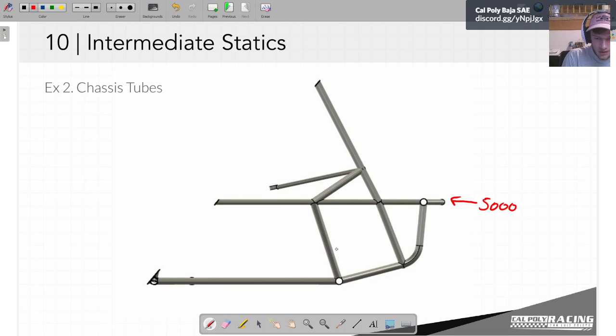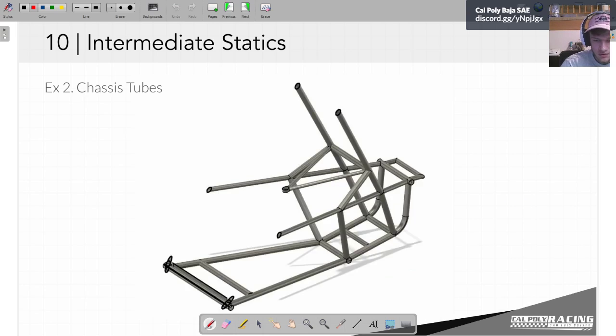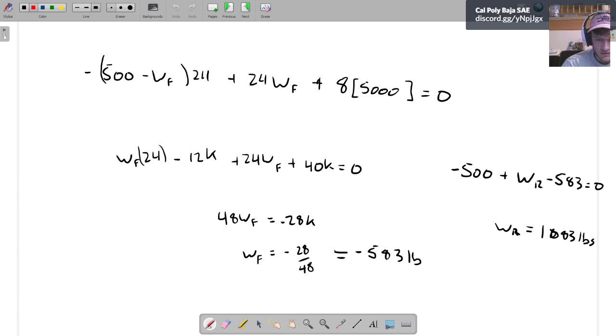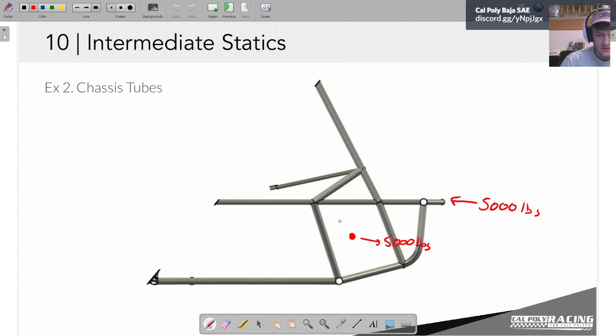I made an assumption that these simplify to one joint there, and that's going to be EF, which was also 5,000 pounds. And then we've got the front wheel, which was 583, right? Yeah, minus 583. So then this is going to be 583 going down.